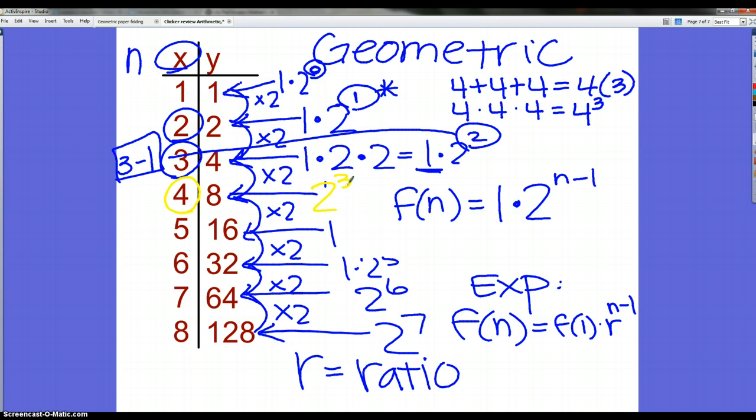Sorry, you can't see that. Let me just pick a different color. So we got 4, and then that's 2 to the third. 5 minus 1, so this is 2 to the fourth. And so by minusing 1, it's actually working out for our pattern.